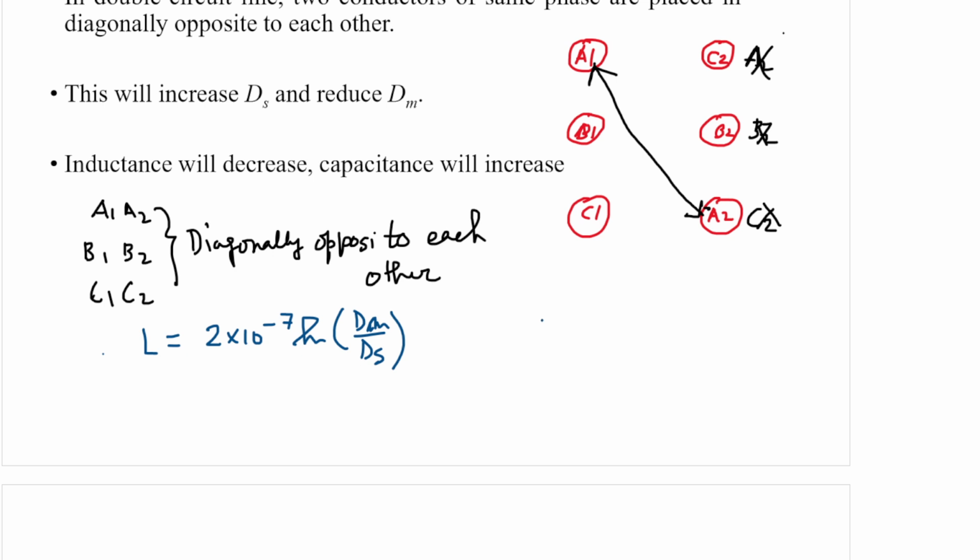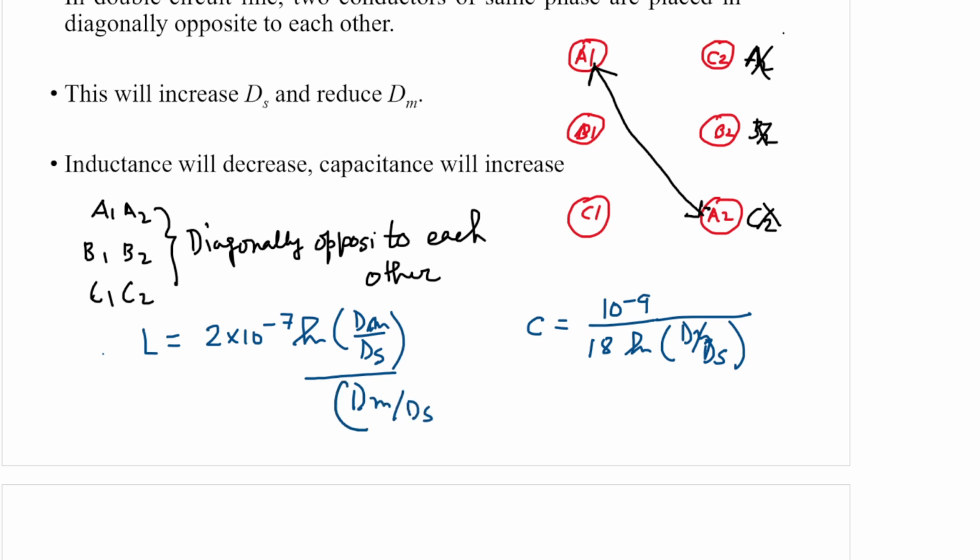And the capacitance formula is 10 to the power minus 9 by 18 ln dm by ds. Now, surprisingly, this ln dm by ds term occurs in the numerator of the inductance and it occurs in the denominator of the capacitance.